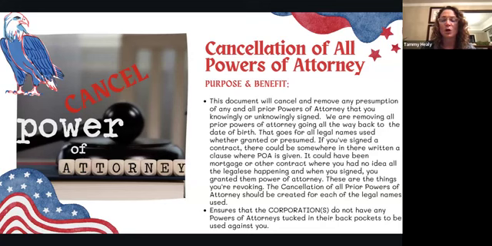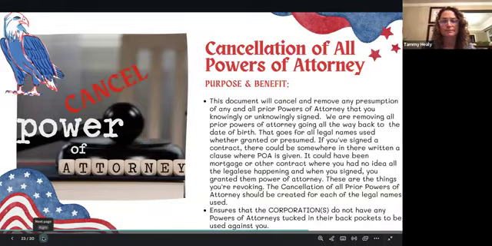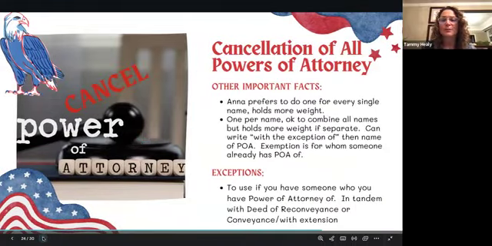The cancellation of all prior powers of attorney should be created for each of the legal names used. It ensures that the corporations do not have any powers of attorney tucked in their back pockets to be used against you. Anna prefers to do one for every single name. It holds more weight.